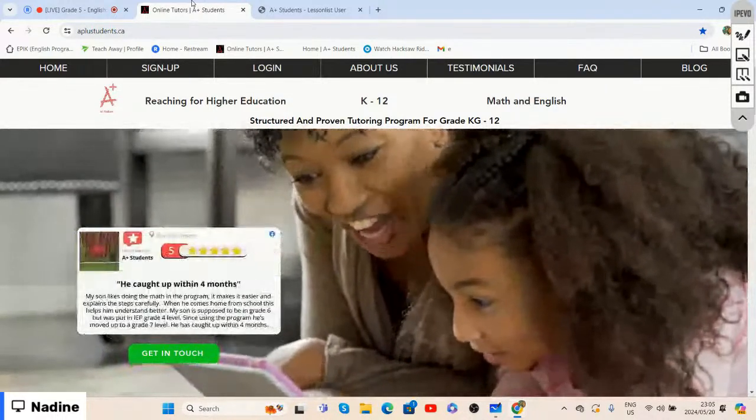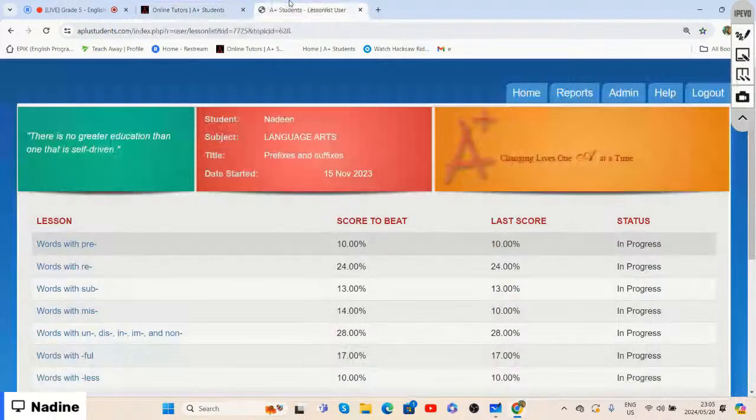And then we're going to scroll down until we get to our chapter of prefixes and suffixes.